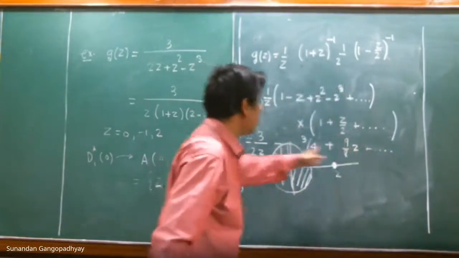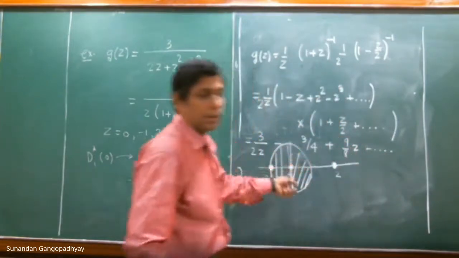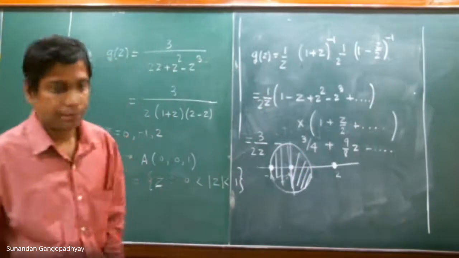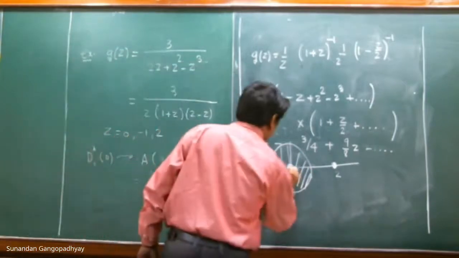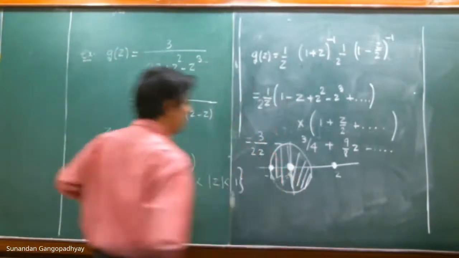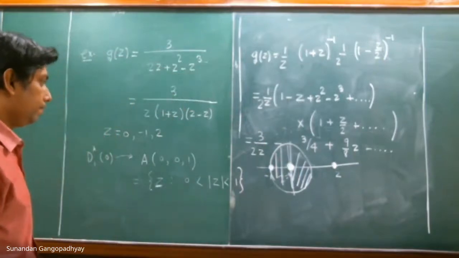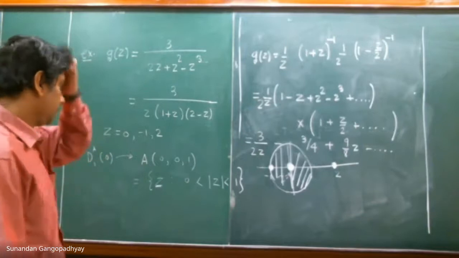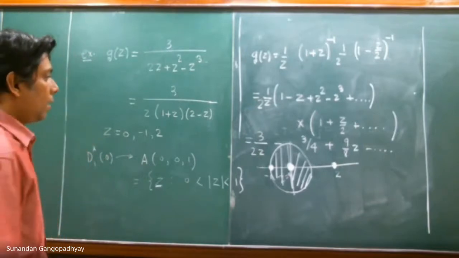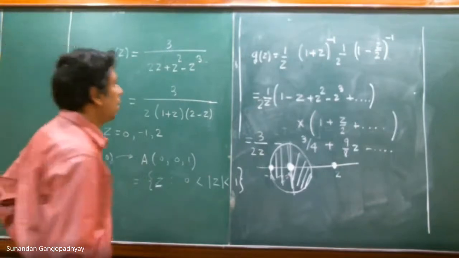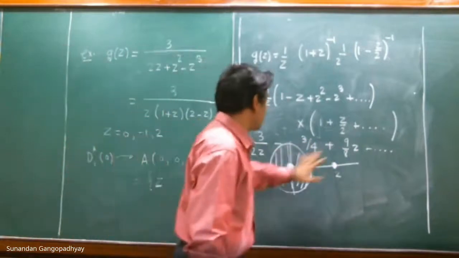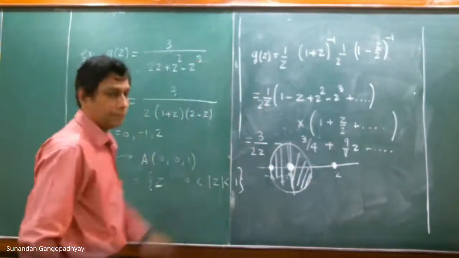So this is the expansion of this function in this annulus. Obviously, this point is not included. So this is basically the Laurent series expansion of this function in this region.